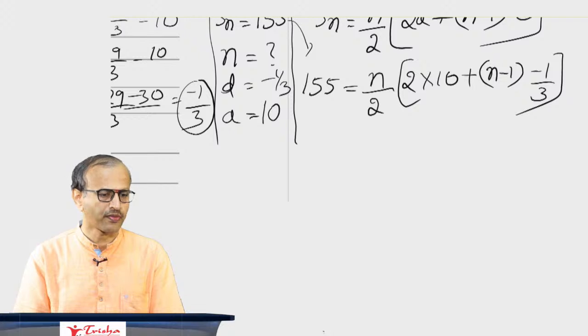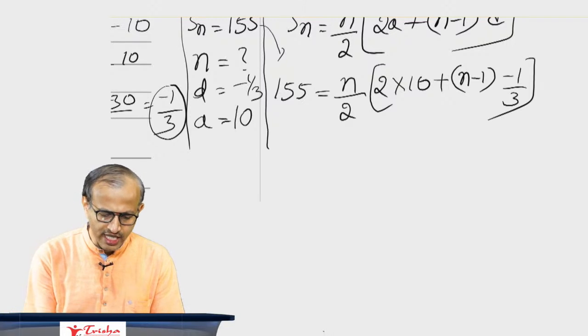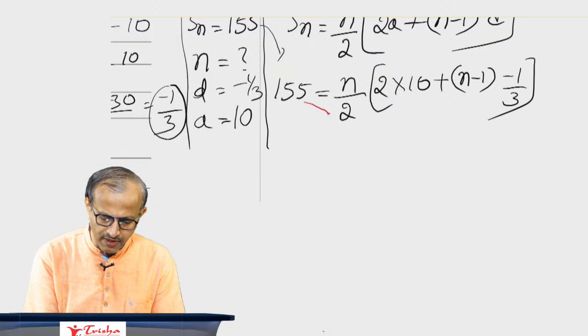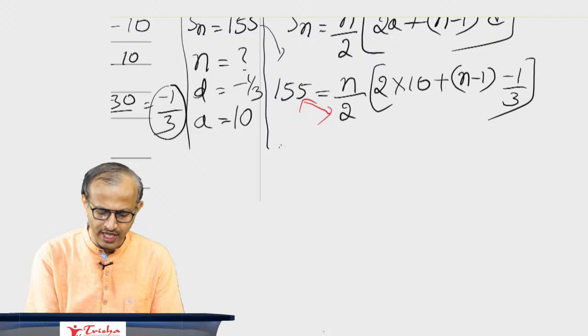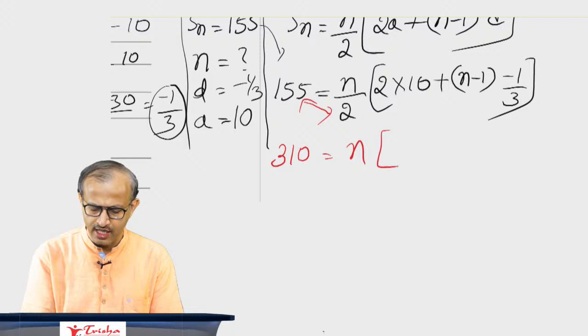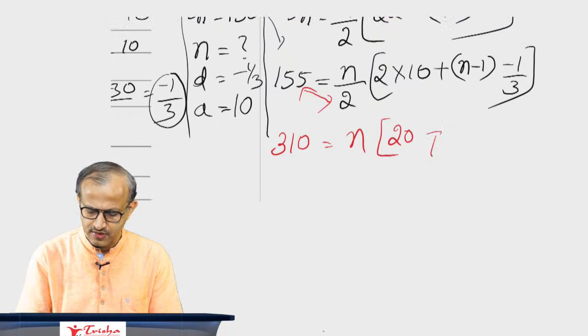Next step, cross multiply. Divide will be multiplied. 155 into 2 will be 310, equals n into 20 plus (n minus 1) into minus 1/3.